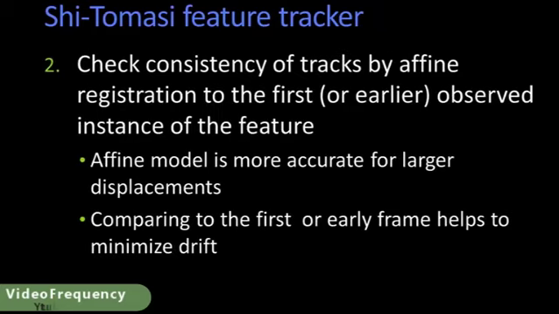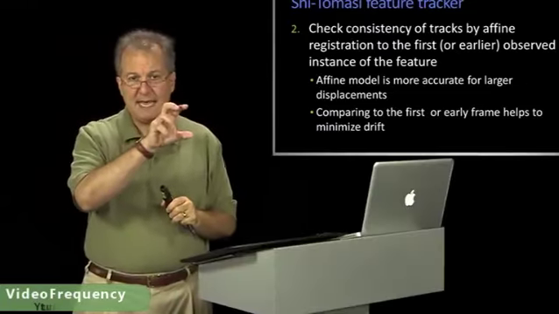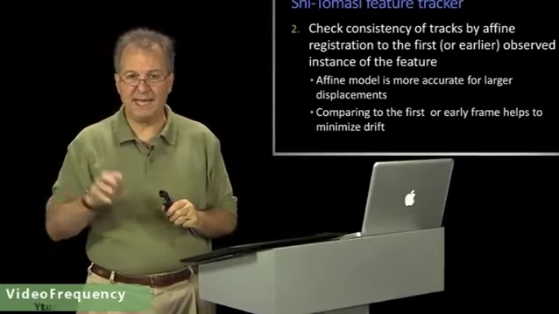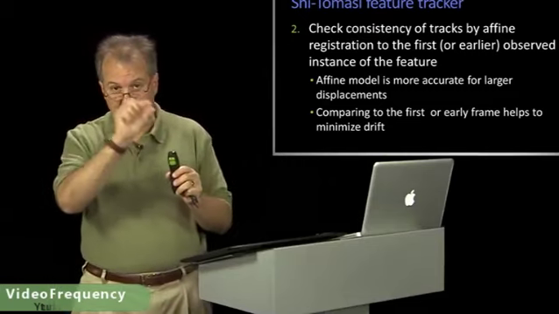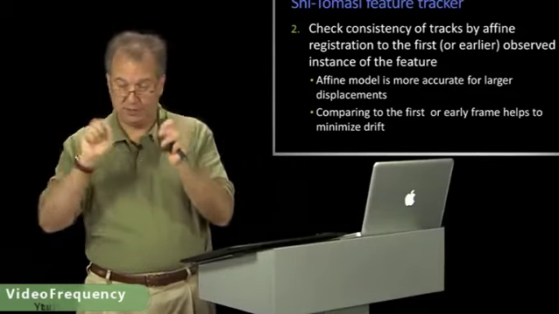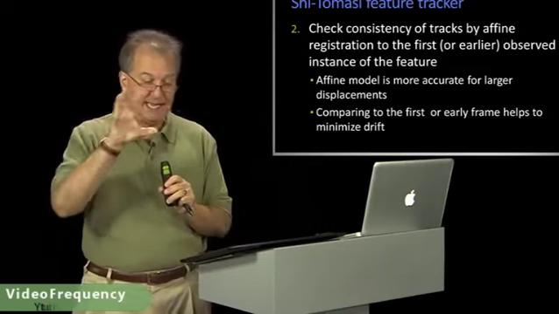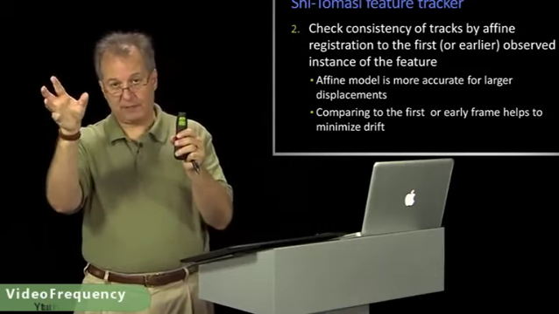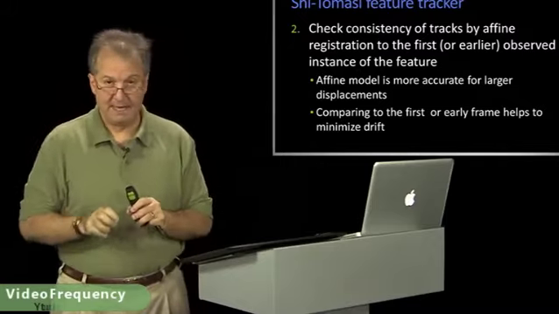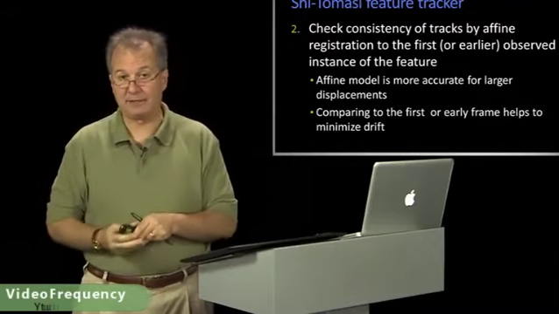Then what you do, and we're not going to go into this too much here, is take those points that have moved and look for an affine consistency. So the idea is, for each of the little points that you've tracked using the translation, is there an affine model that maps the tracked points to the original points? And then you can compare those back to the original.